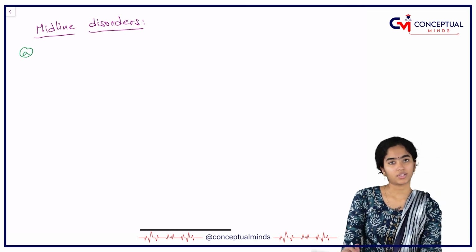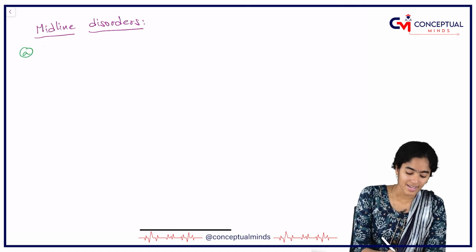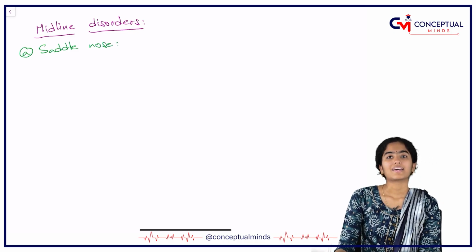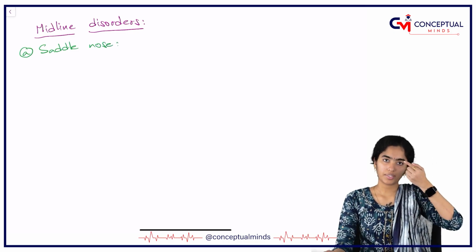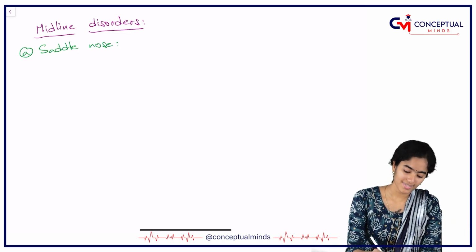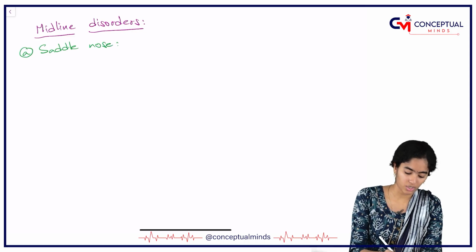Among midline disorders, the first one is a saddle nose. Saddle nose is a small depression in the nasal bridge. Okay. Why will a saddle nose occur? What is the etiology?